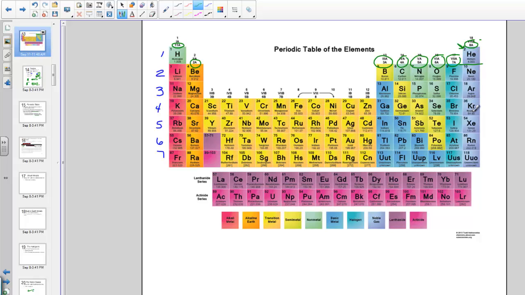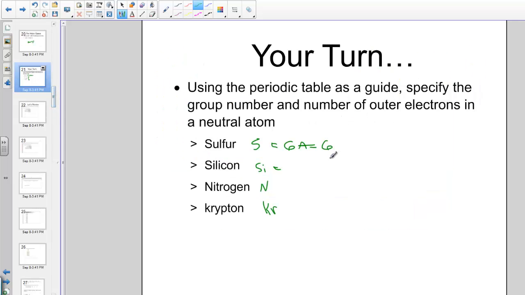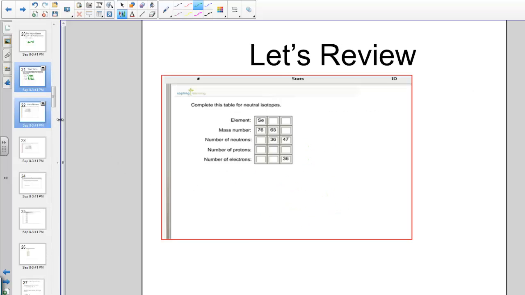Krypton, Kr, nitrogen, N, and Si for silicon, and we had looked up sulfur. So I'll grab those all at once just so I don't have to keep flipping back. We said silicon lives in group 4A, so 4 valence electrons. Nitrogen, who lives in group 5A with its 5 valence electrons, and krypton, who lives in group 8A, had 8 valence electrons. So what might some of your sapling questions look like?